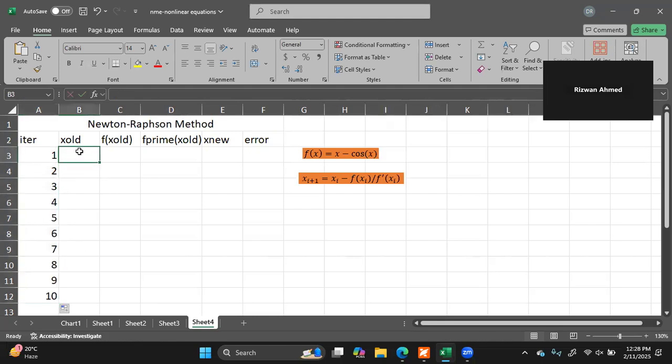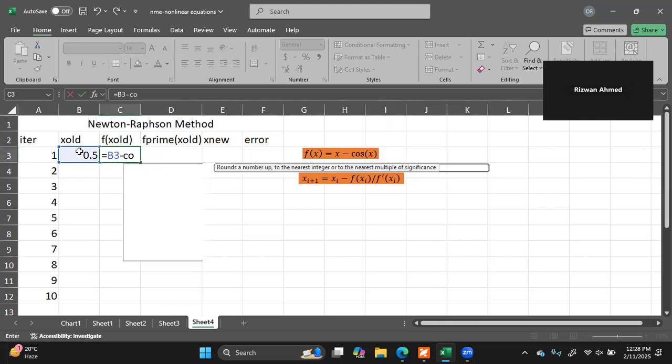So for this problem, x old, let's say 0.5. F of x old is equal to x minus cos of x. Please do remember that all the trigonometric functions in Microsoft Excel and all programming languages have default operation with radian measure.